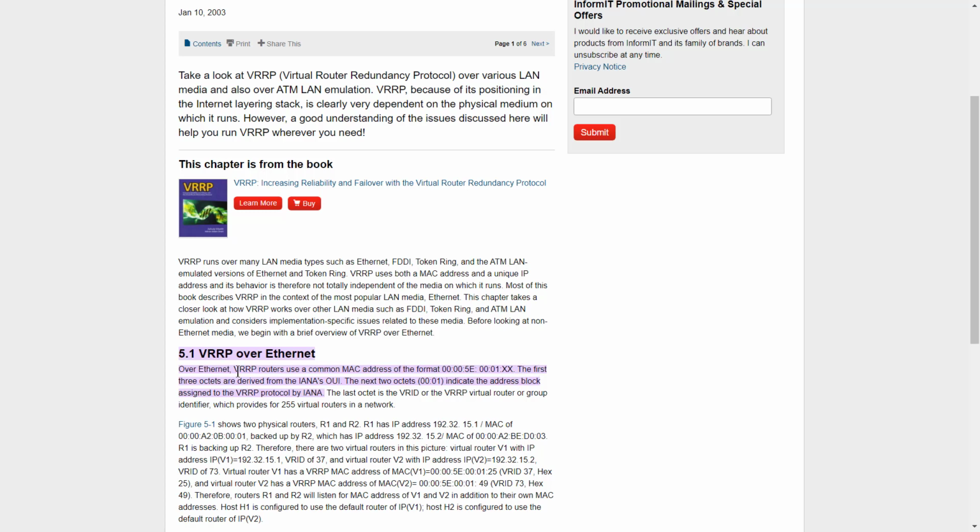The first 3 octets are derived from the IANA OUI. The next 2 octets, 00:01, indicate the address block assigned to the VRRP protocol by IANA, and the last octet is the VRID, the virtual router or group identifier. So the correct answer should be 00:00:5E:00:01:XX, where XX may be anything.